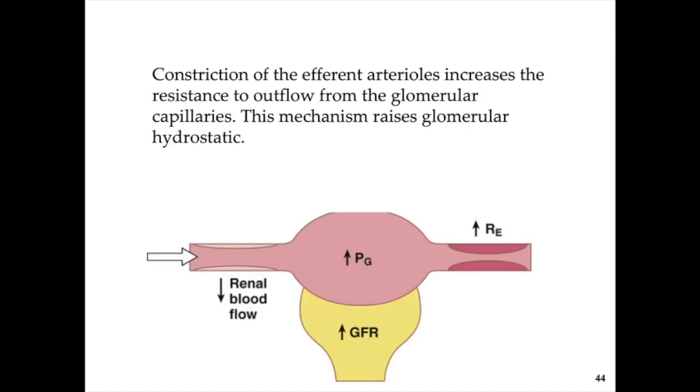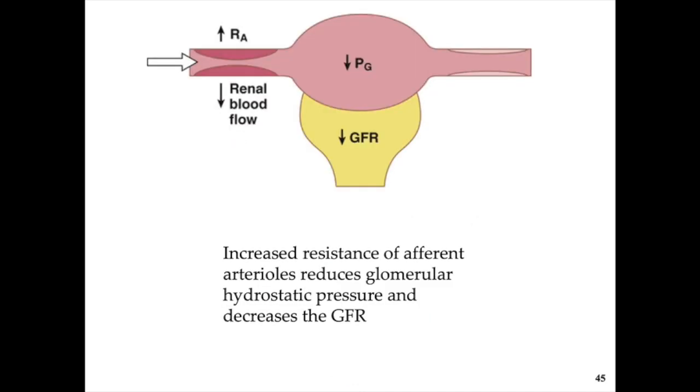Going now into more real diagrams that apply to the glomerulus, here is the summary. Constricting the efferent is the same thing as increasing the resistance to the outflow of the glomerular capillaries. So that allows building up of pressure inside of the glomerulus. Increasing the resistance of the afferent is the same as reducing the hydrostatic pressure.